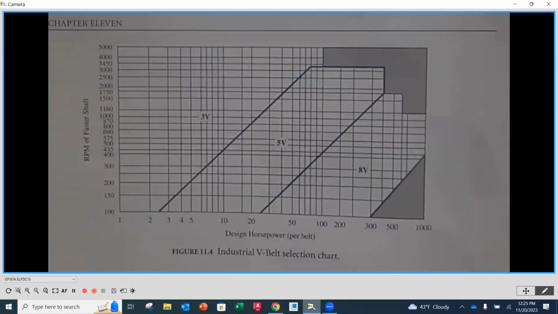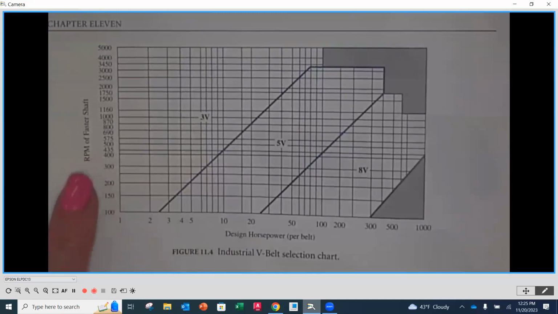So when we look there, we're going directly from the motor to our grinding wheel. So the driver would be off of the motor, the faster moving or RPM, and then the driven is going to be the one that's on the grinding wheel.